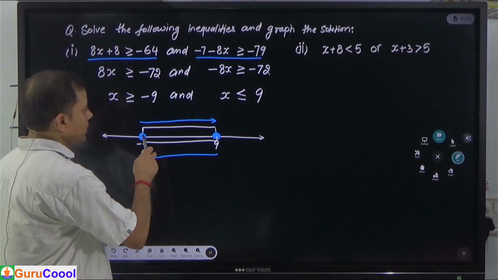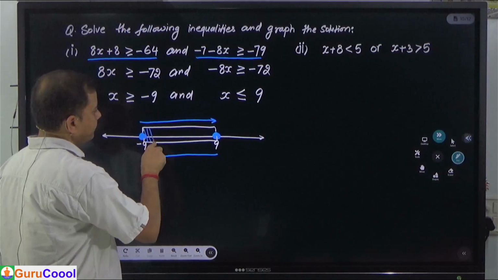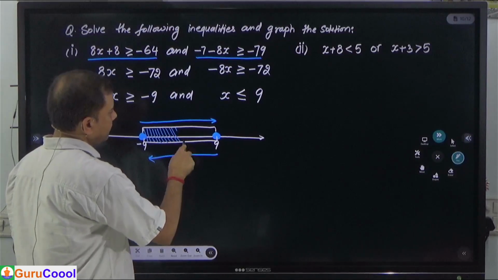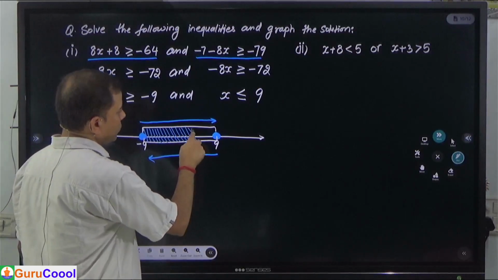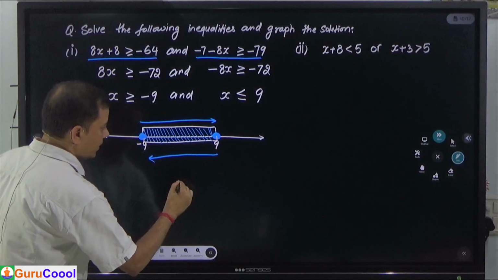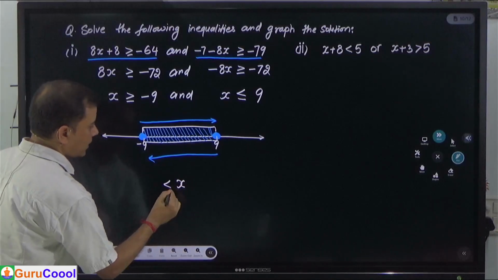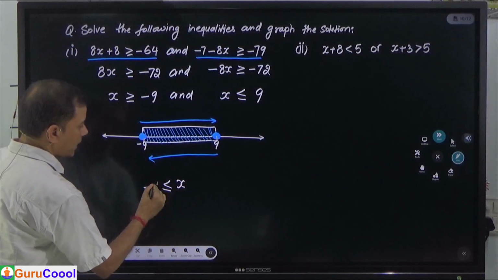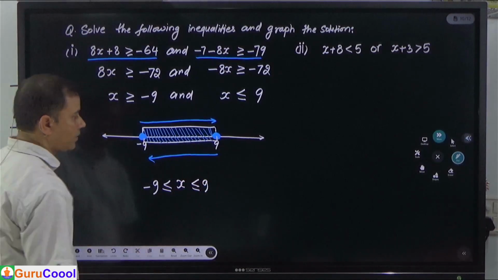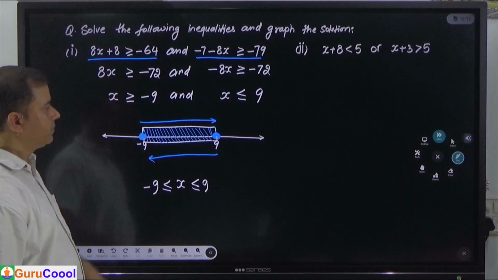So only this region is the solution. I color it like this. So the final answer is x greater than or equal to minus 9, lesser than or equal to plus 9. This is the final solution for it.